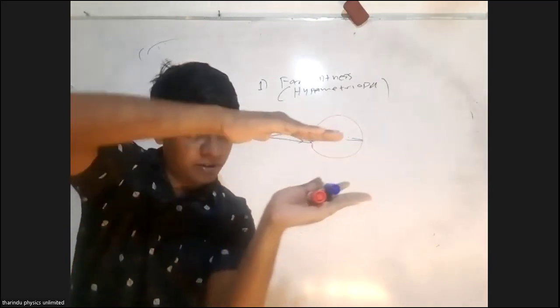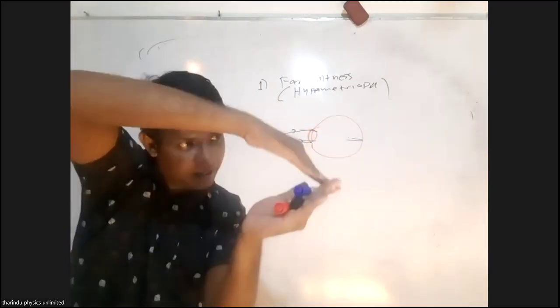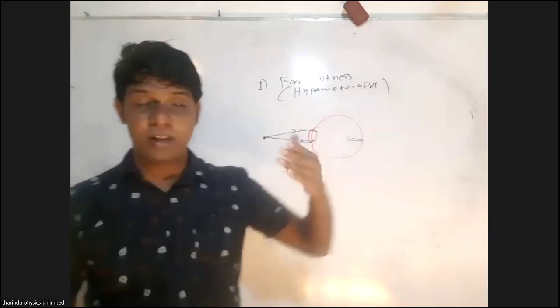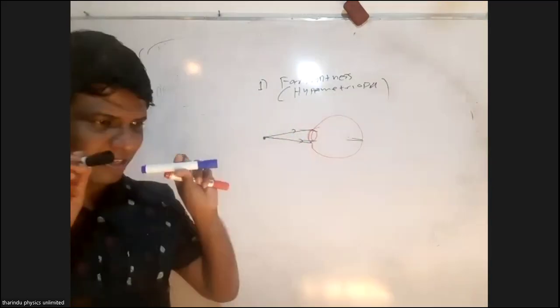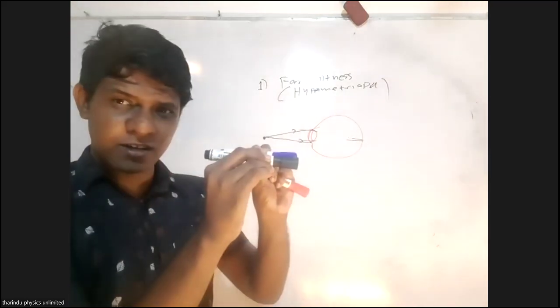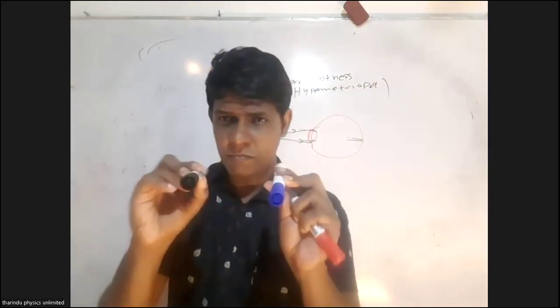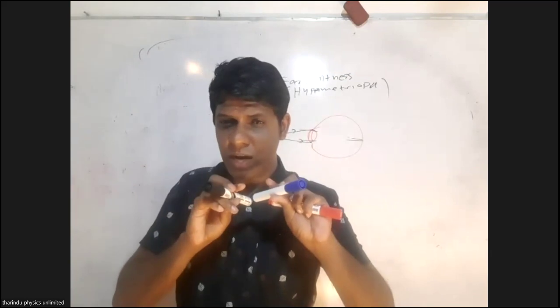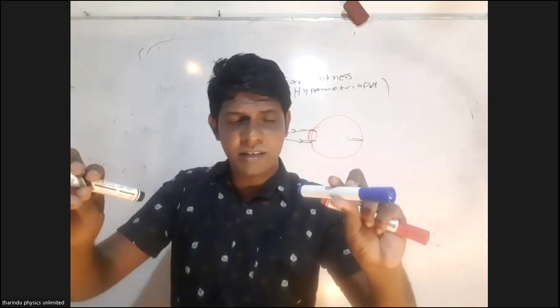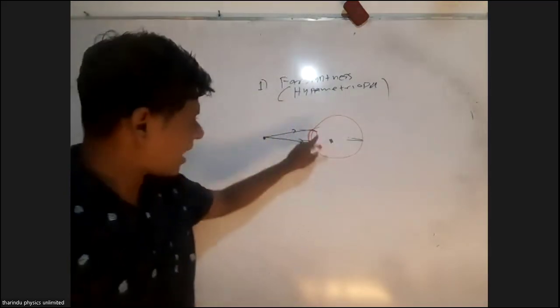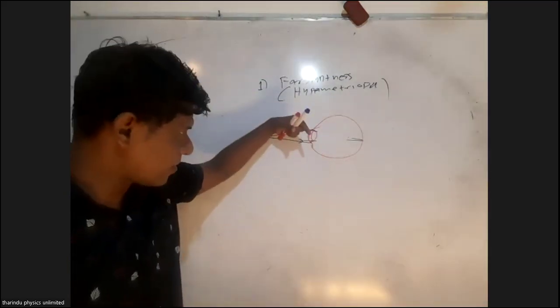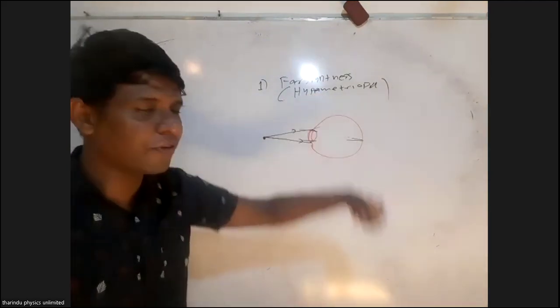So you have to firstly make it parallel, then focus. So you have to bend it hardly. If it is just moving like this, you can easily bend and make them in a line. If these two are moving away from each other, you have to bend it very hard. So the eye lens is kind of incapable of doing that.